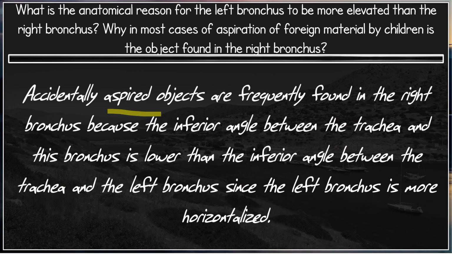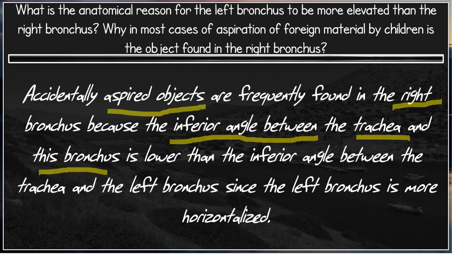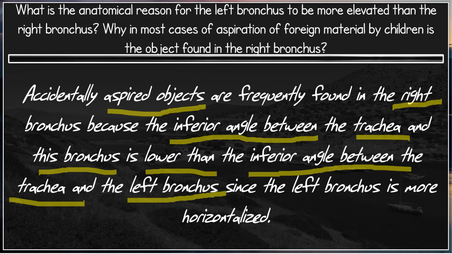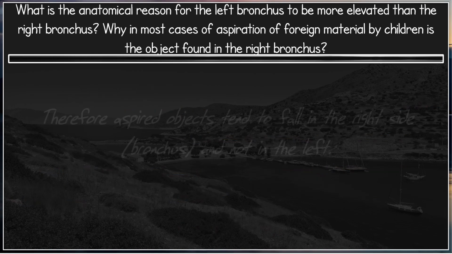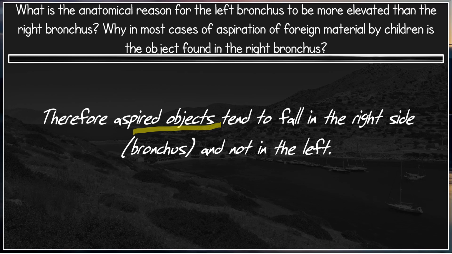Accidentally aspirated objects are frequently found in the right bronchus because the inferior angle between the trachea and this bronchus is lower than the inferior angle between the trachea and the left bronchus, since the left bronchus is more horizontal. Therefore, aspirated objects tend to fall in the right bronchus and not in the left.